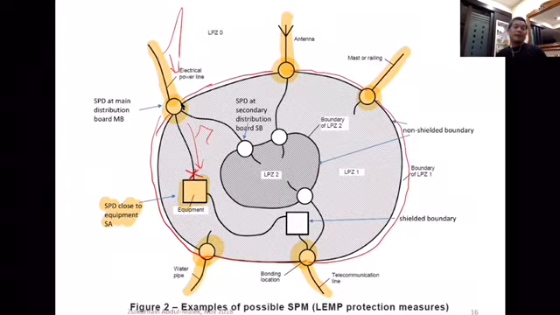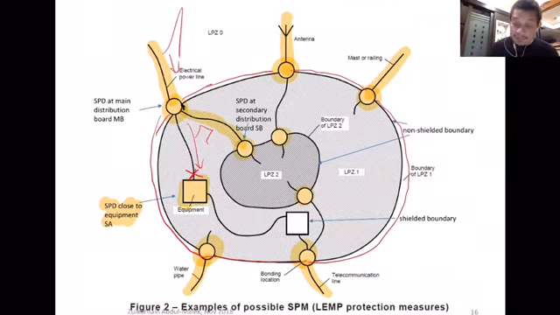Okay. Now, you can also have a secondary SPD, as I said just now, either at the equipment or at another boundary here, for example, another room, where you say, okay, I'm going to put my equipment inside this room. And this room also has many wires or many connecting things going in.